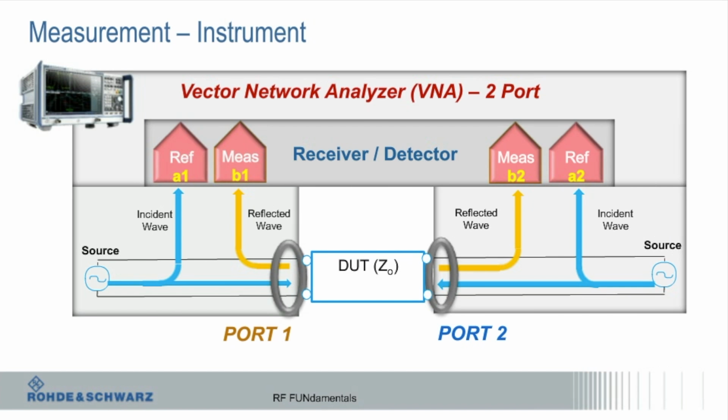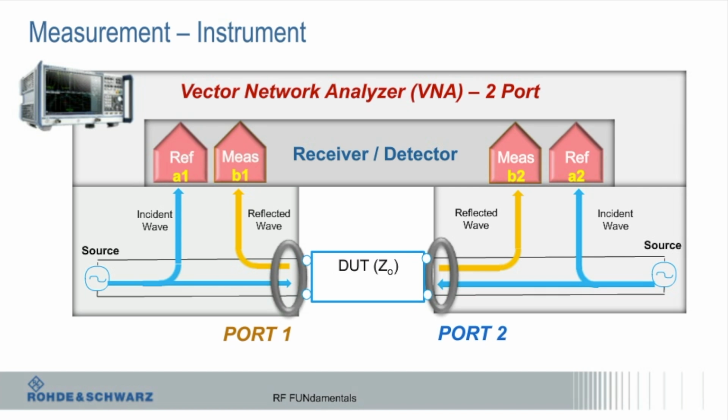So, looking inside a VNA, now we're taking a VNA apart. To make these measurements, the key things I need are a source, at least one coupler, probably two, and in this case I have two. I need measurement receivers.